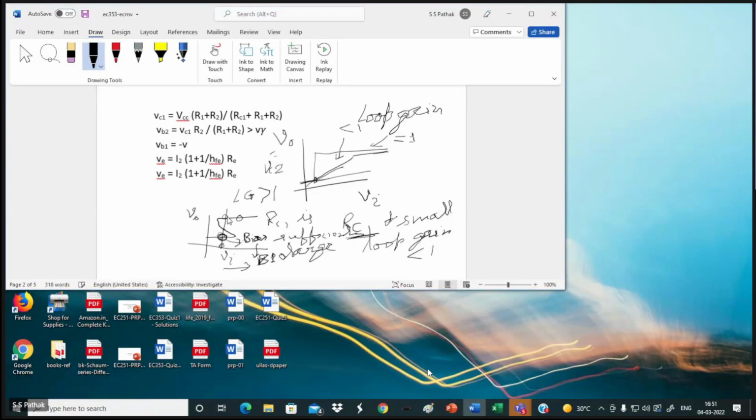Negative trigger brings Vi somewhere here. So it will be switching from this low state to high state at the output. And it is working like a bistable multivibrator. Is that okay? So this is all controlled by my RC1 because I'm giving my trigger to the base of the first transistor.